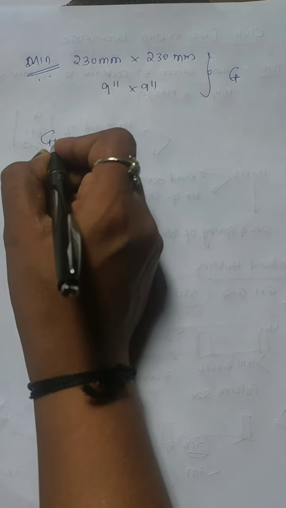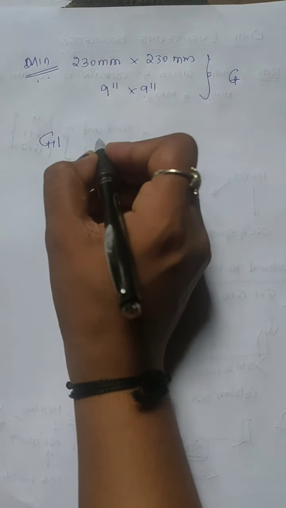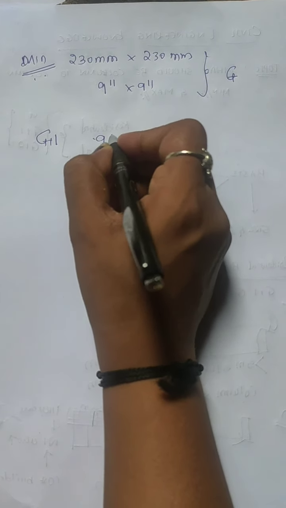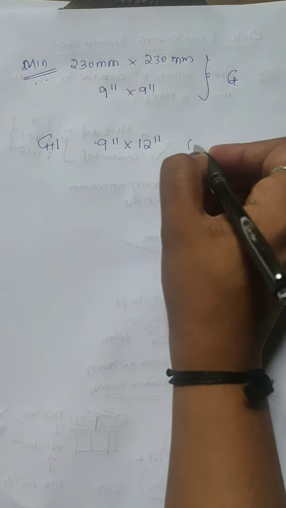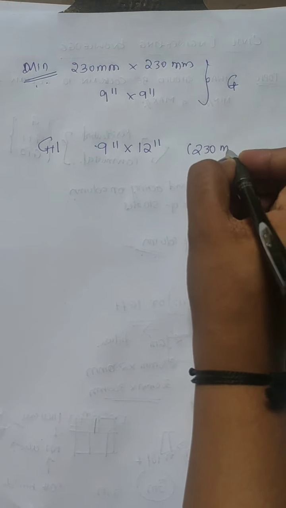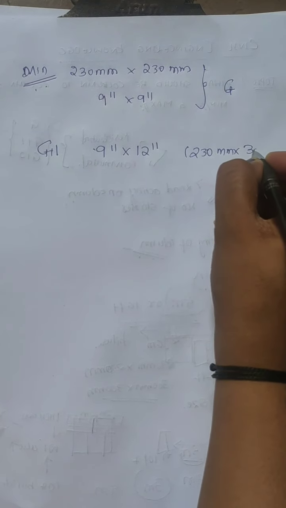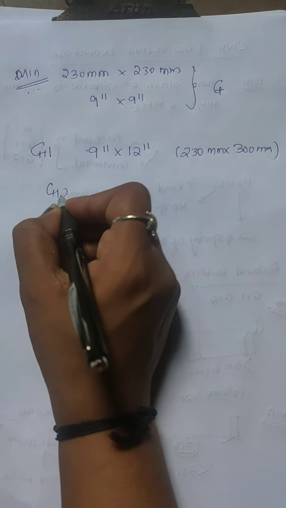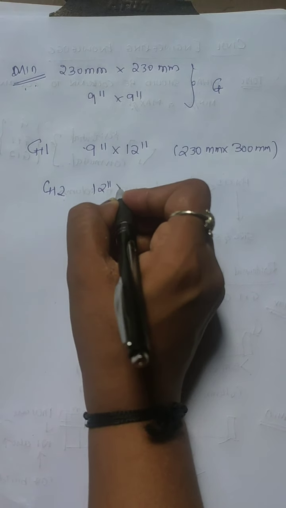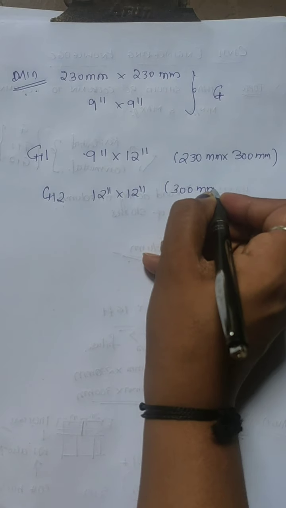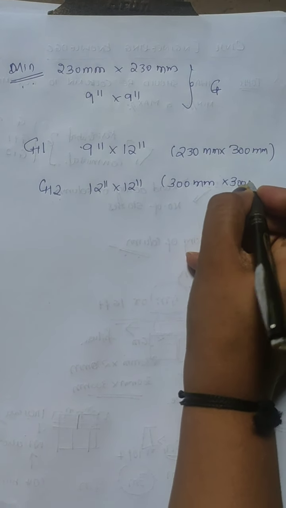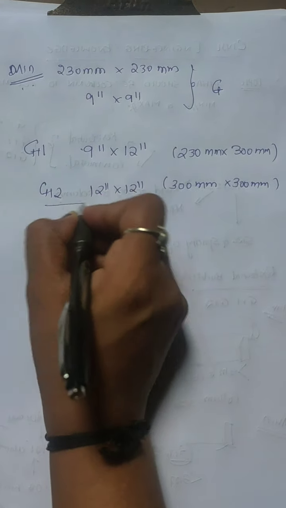If you have G plus 1, that is ground floor plus 1 story higher, in such cases you can use 9 inch into 12 inch, that is 230 mm into 300 mm. In case of G plus 2, you can use 12 inch into 12 inch, that is 300 mm into 300 mm. Why this?